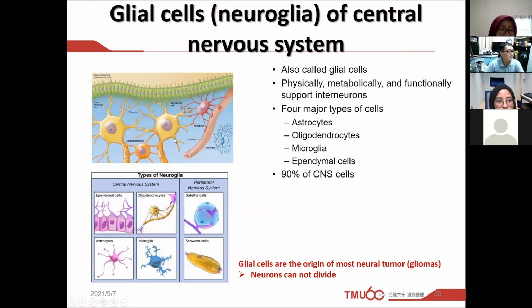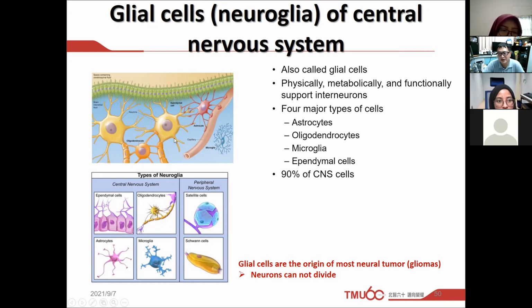And here, in the brain, the central nervous system, there are different cells in the tissue. The first one we call glia cells or neuroglia. Most brain tumors derive from glia cells, not from neurons.